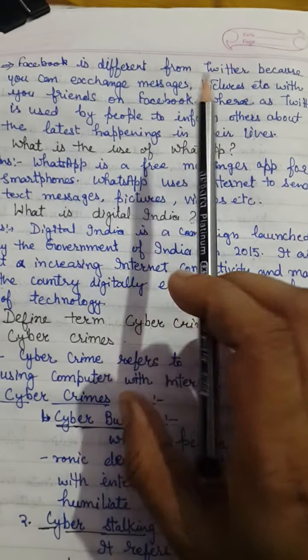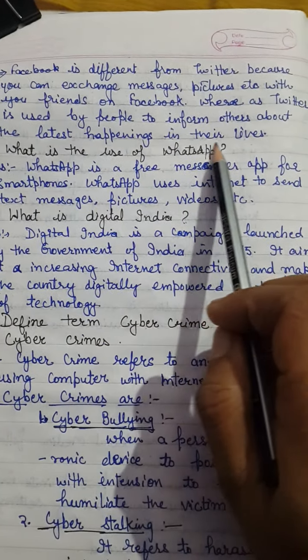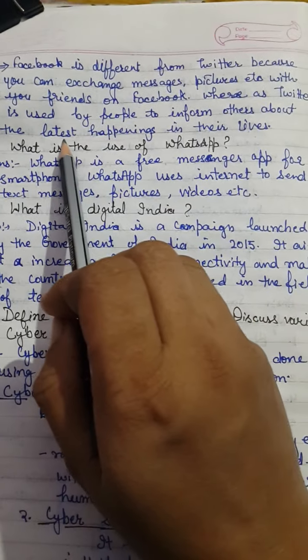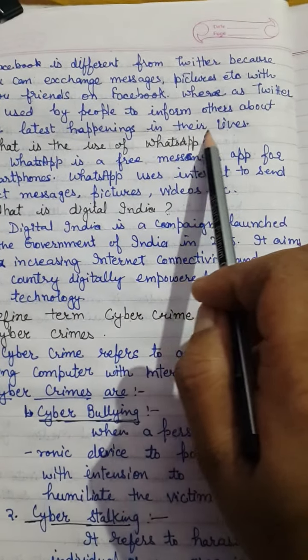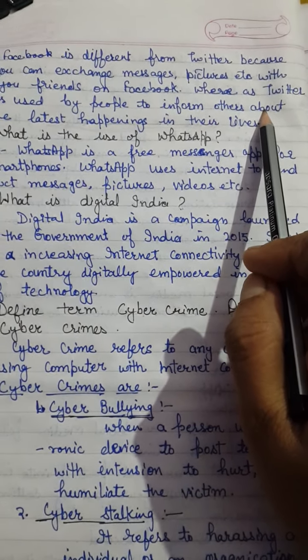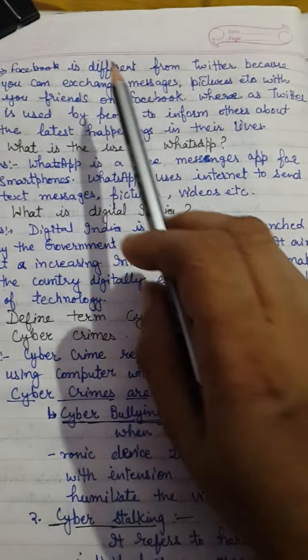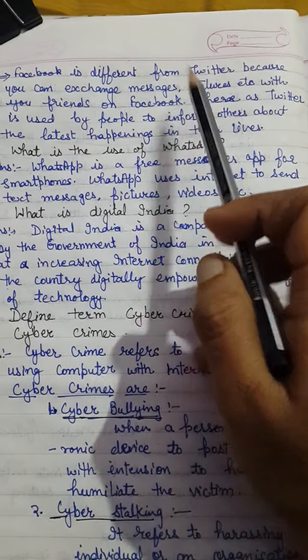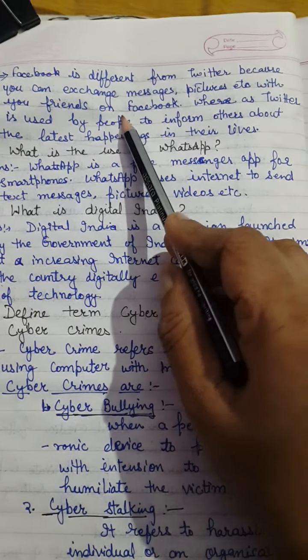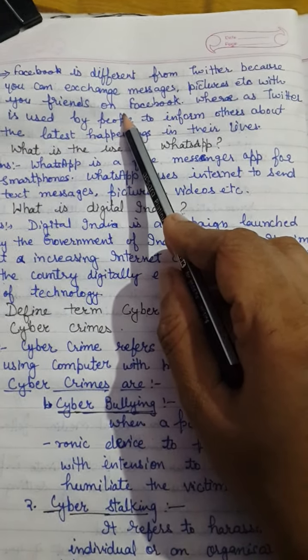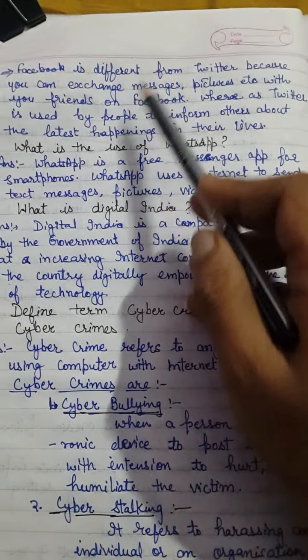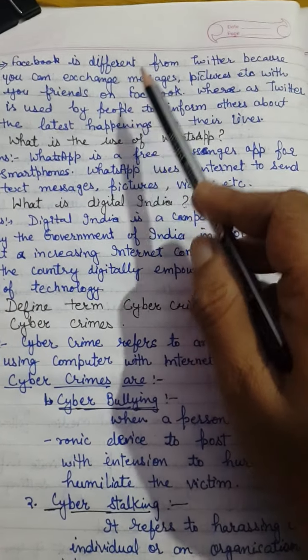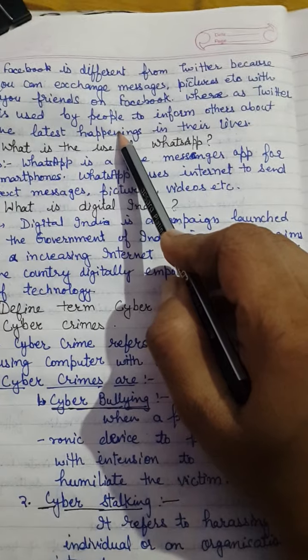Okay, this is the main difference. On Facebook, we exchange messages or pictures with people we know, other friends who accept our request. Both are used to communicate, but the difference is a little bit.